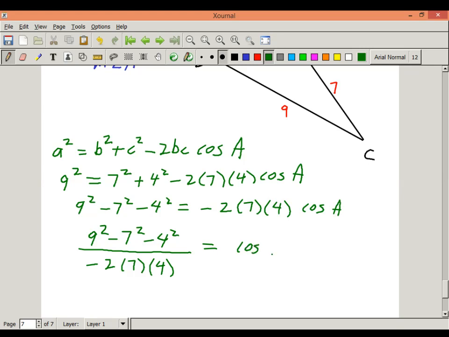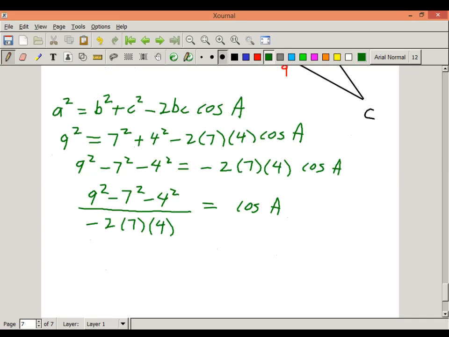So when I do the left side on the calculator, that'll give us a decimal, and then, like I said, we're going to take inverse cosine. This is very tricky. You can do this on your calculator all at once, but you've got to make sure you do the keystrokes correctly. So I'm going to go through those. I'm just switching sides right now. Cosine of A. Okay, so I'm going to do the top first.